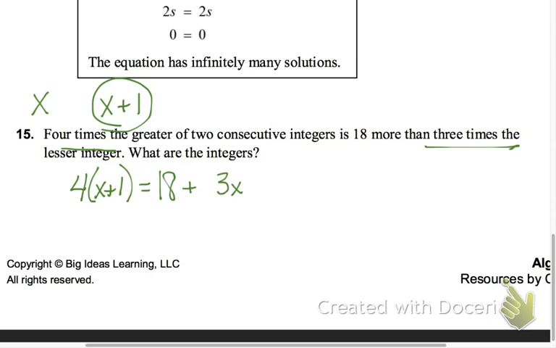Now can we solve this? What do we need to do on the left side? Parentheses, so distribute, so I have 4x plus 4 equals 18 plus 3x.